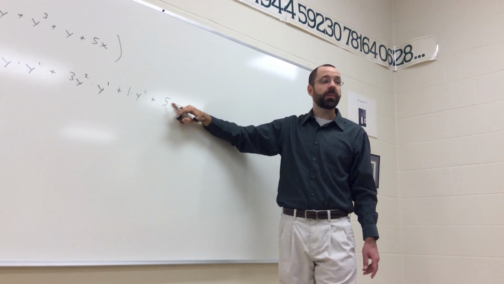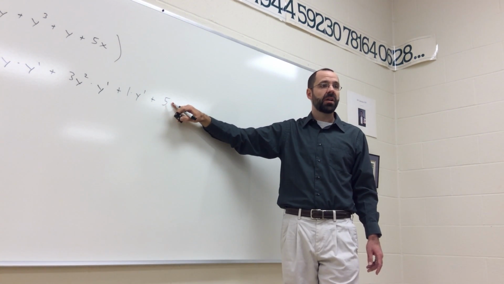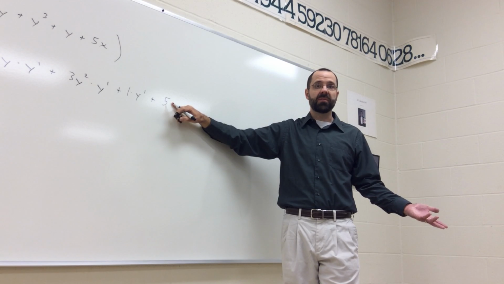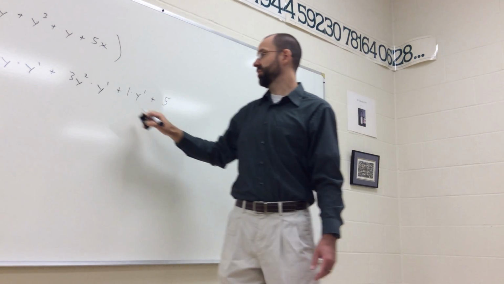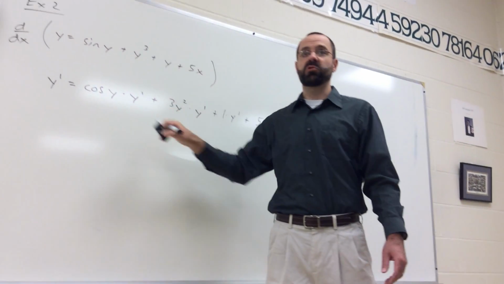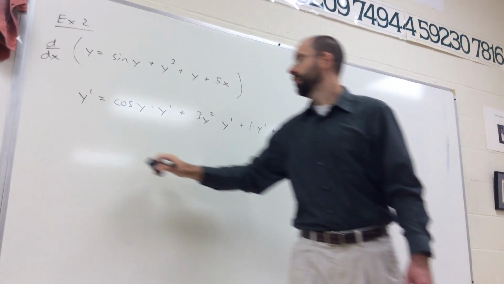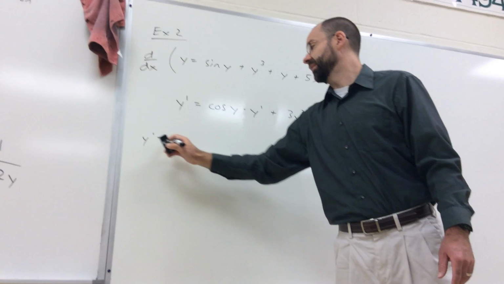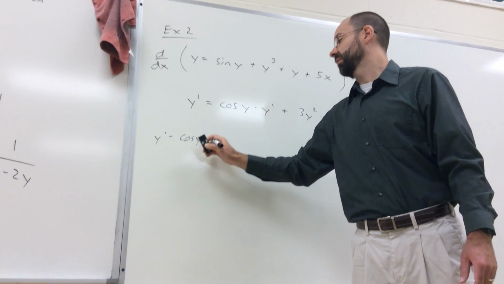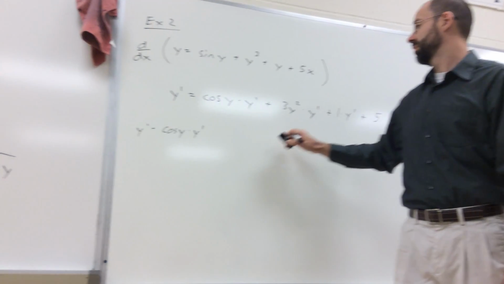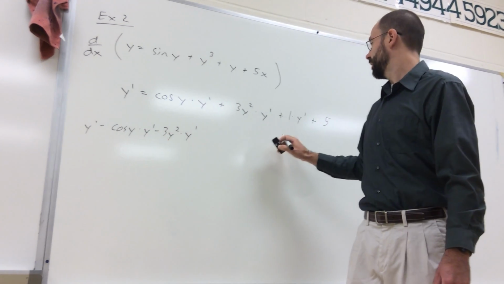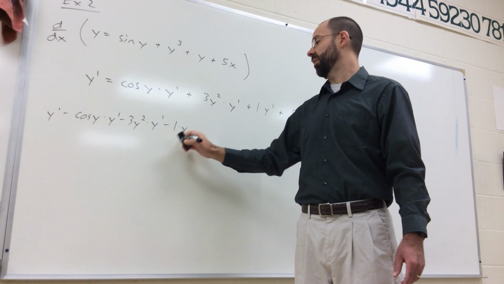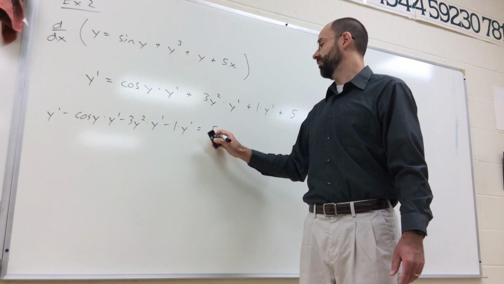Okay, so at this step here, we're done with the calculus, but we want to figure out what y prime is, so we need to solve for y prime. So all the stuff that has a y prime in it, we need to subtract it to the other side. So y prime minus the cosine y times y prime minus the 3y squared times the y prime minus the 1 times y prime equals 5.